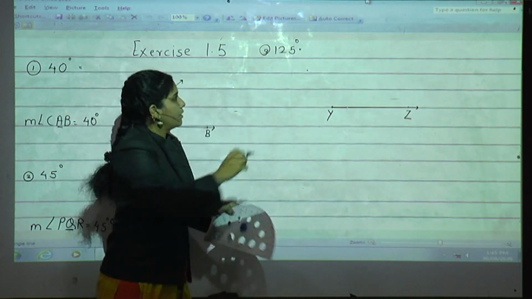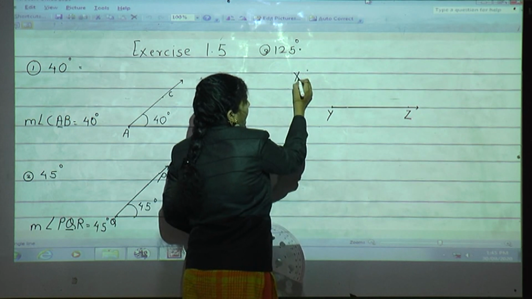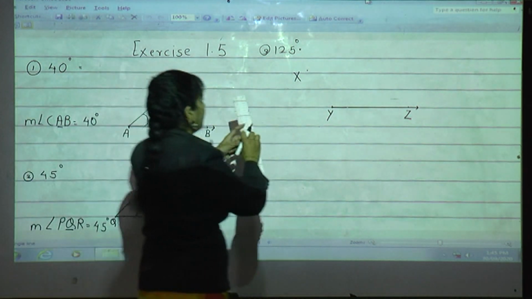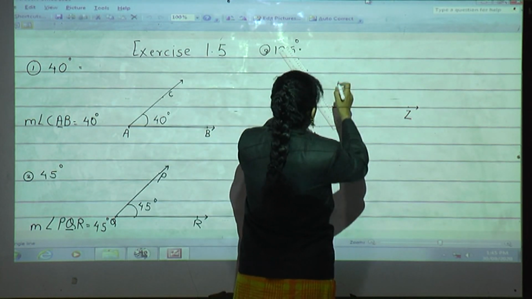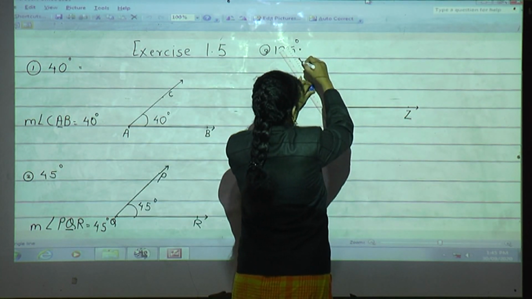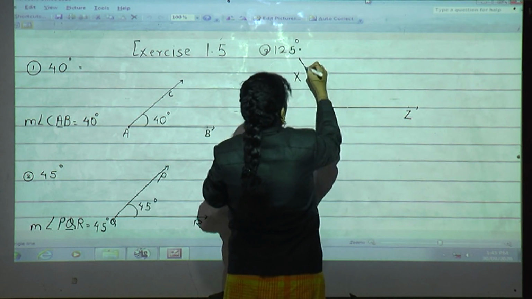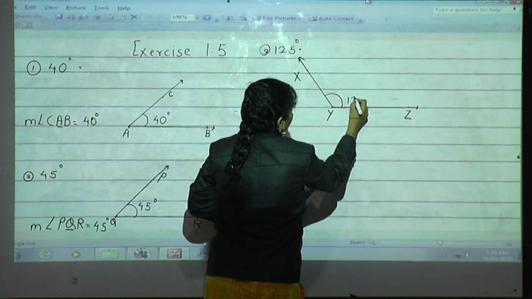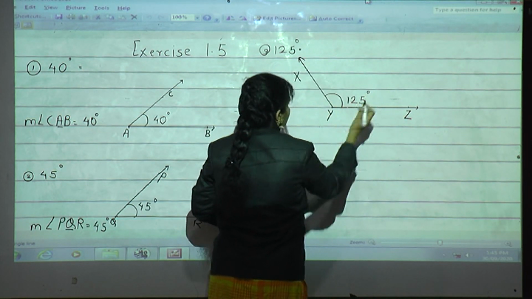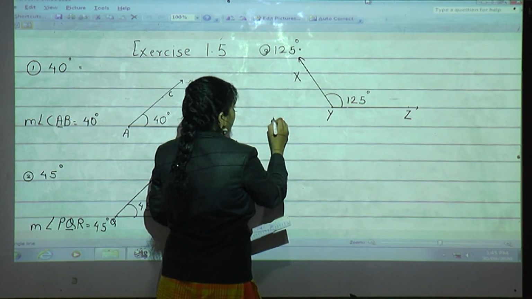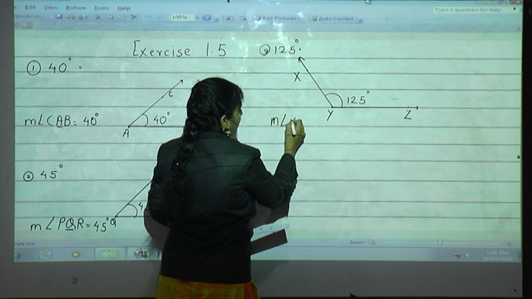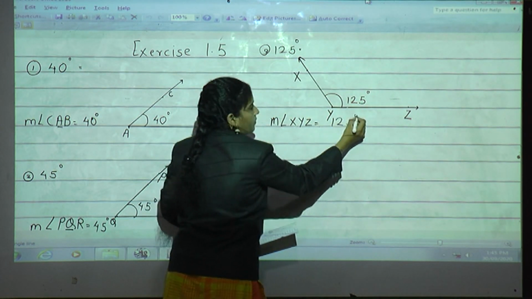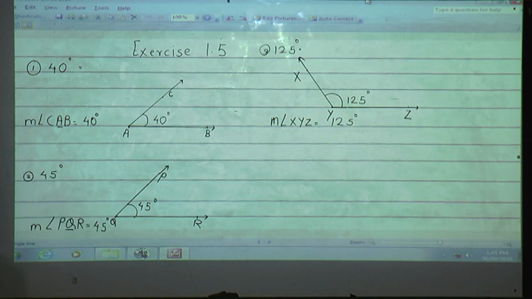Again write here X and join the ray XY. See, like this. So, angle XYZ is equal to 125 degree. Measure of angle XYZ is equal to 125 degree.